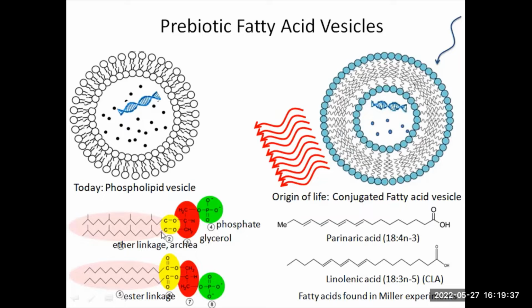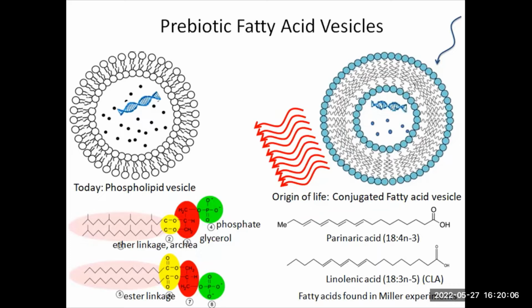The difference between the ether and the ester linkage has to do with the strength of these vesicles. So, for example, the archaea bacteria, which are in many cases extremophiles, which means that they can live at high temperatures or high or low pH values, are made of these ether linkages.